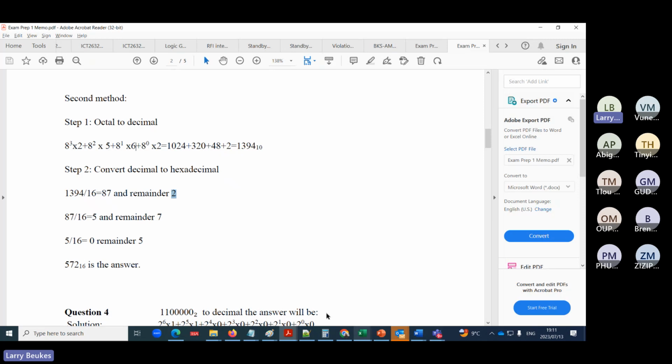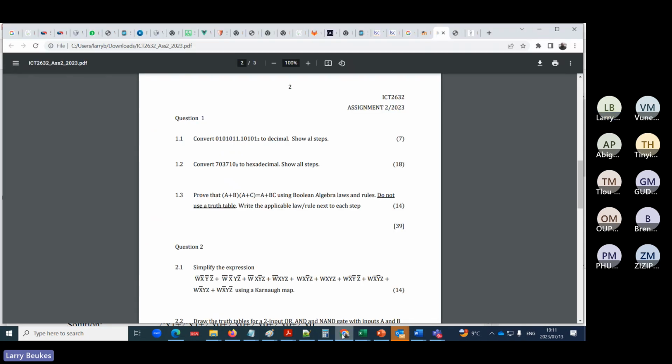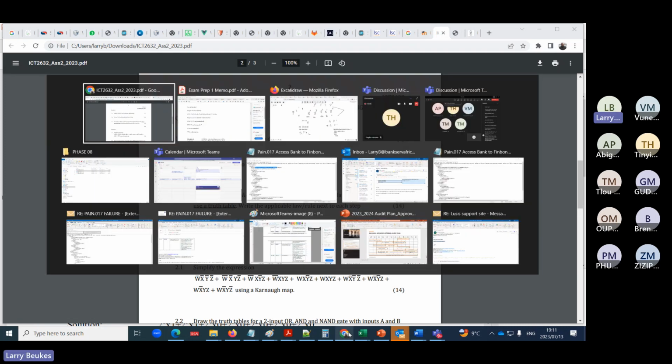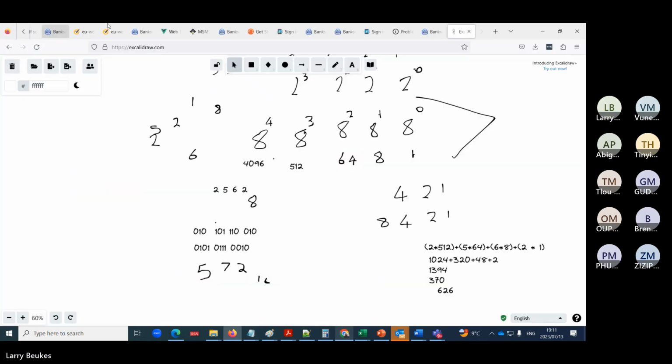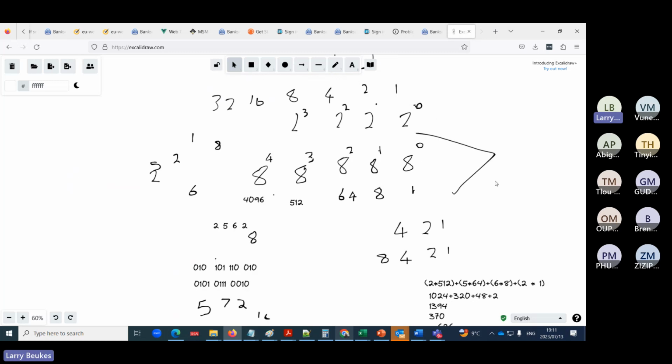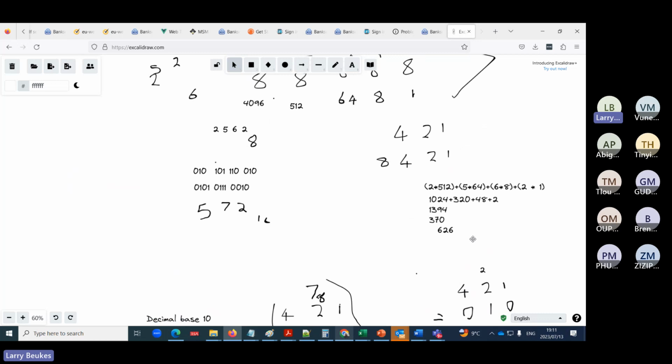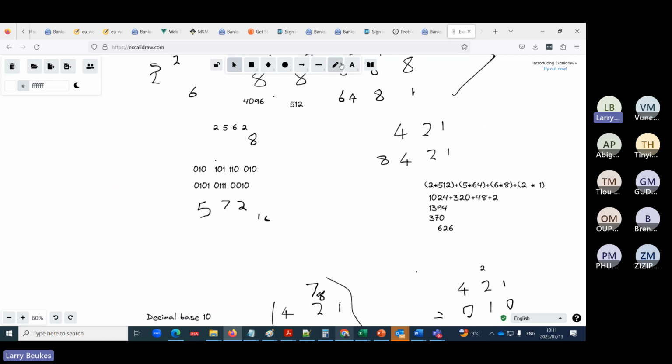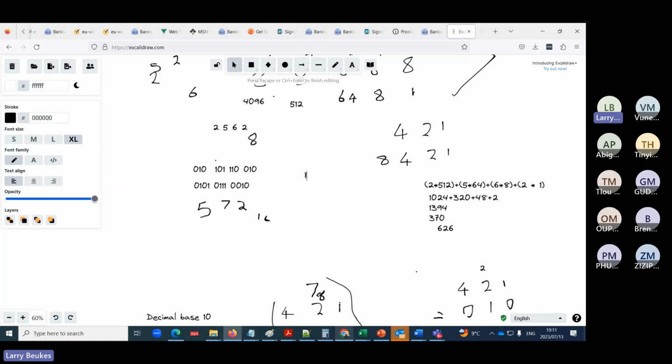Okay, let me see if I can get my phone close by. Okay, so from here, let's see. So now we have 1394. That must be converted to hexa. So, like I said, we're going to say 1394.